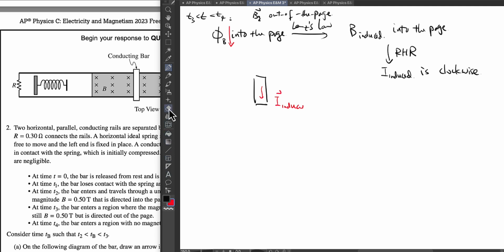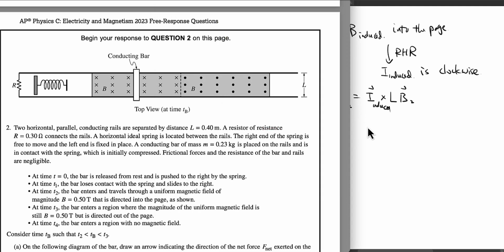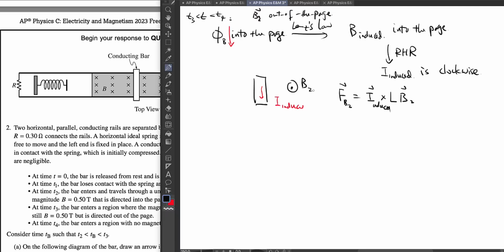All right, so now according to the right-hand rule for the force acting on the middle bar. Remember B now is in a region right out of the board. That's B2's direction.